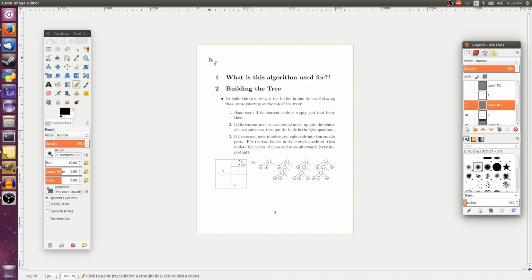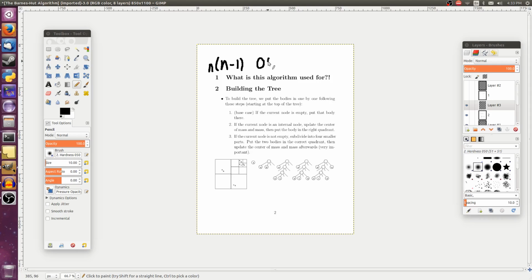And simulations can get out of hand pretty fast, though, because if you've got n particles, and each particle exerts a force on all the other ones, so in other words, you have n bodies, and they exert n minus 1 forces, then if you do the direct sum, like in introductory physics, whenever you sum all the forces, set it equal to ma, and so on, then what you've got is an O of n squared algorithm.